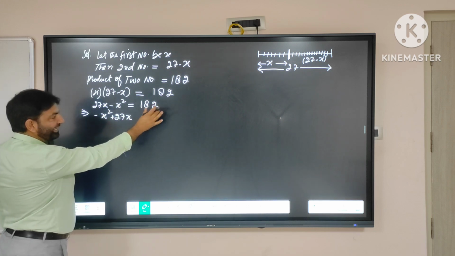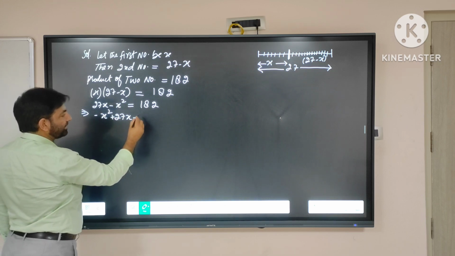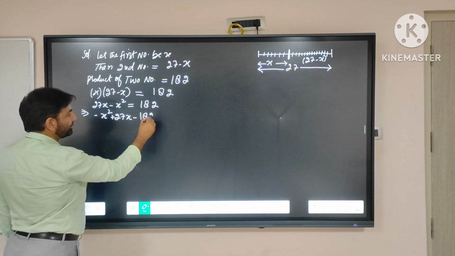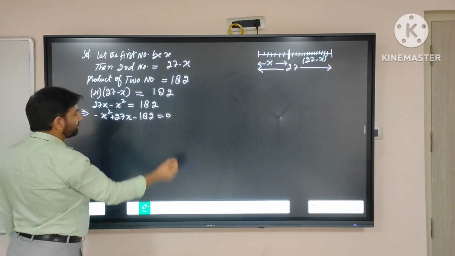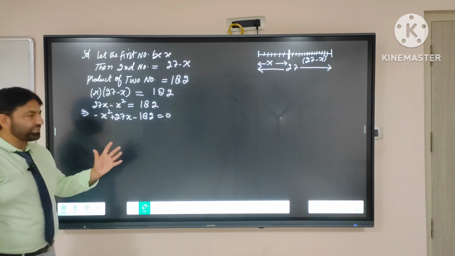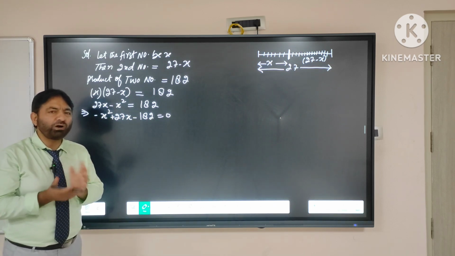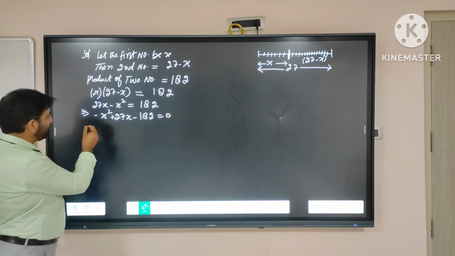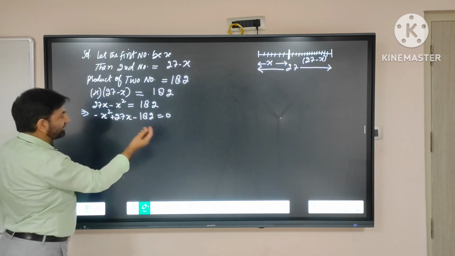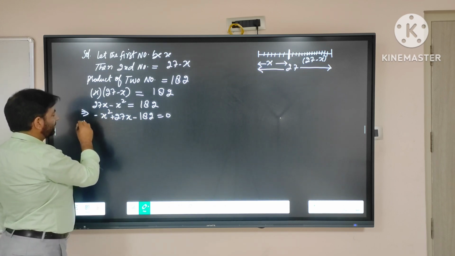This term 182, I will transfer to the left. It will become minus 182 is equal to 0. So this is a quadratic equation, but we prefer that the first term should be positive. To make this positive, we can multiply the whole equation by a minus sign.